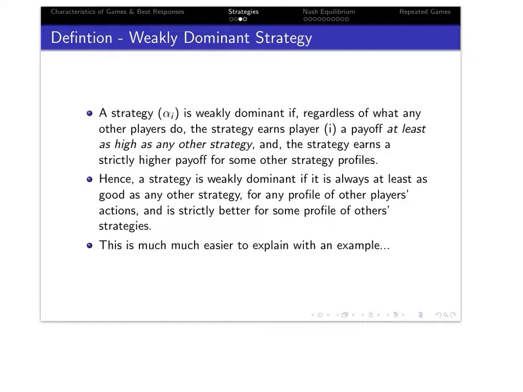Okay, so a weakly dominant strategy is the more common case. This strategy, alpha i, is weakly dominant if, regardless of what any other players do, the strategy earns player i a payoff at least as high as any other strategy, and the strategy earns a strictly higher payoff for some other strategy profiles. That'll make more sense in a minute when we go through an example. But basically, when you're just looking at the table, for example, we saw, okay, cool, 13 is better than 10, right?